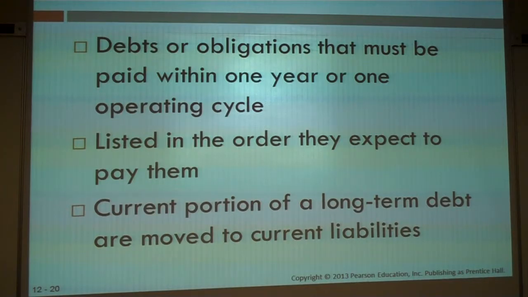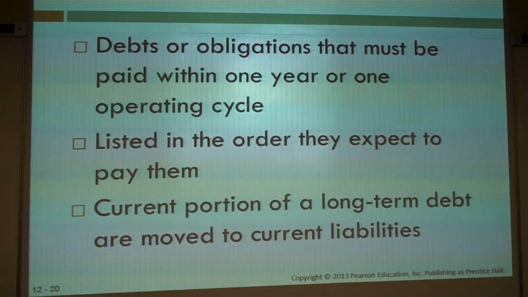Current liabilities are debts or obligations that must be paid within the operating cycle or within the year. They're listed in the order that you would pay them. And then the current amount of a long-term liability has to be moved to the current.